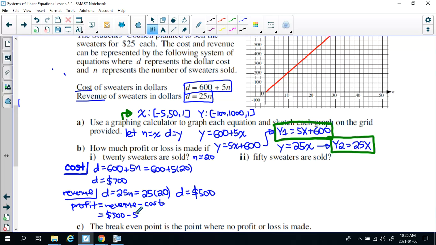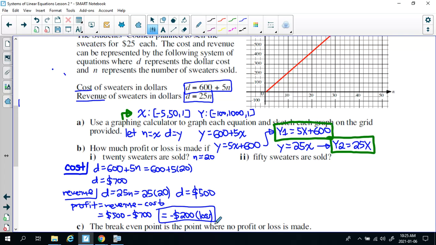Subtract the cost, which is 700. And then you would have a profit that would actually be negative $200. So that's actually a loss. If they only sold 20 sweaters, they're actually losing money in this situation. Okay, what if they sold 50?